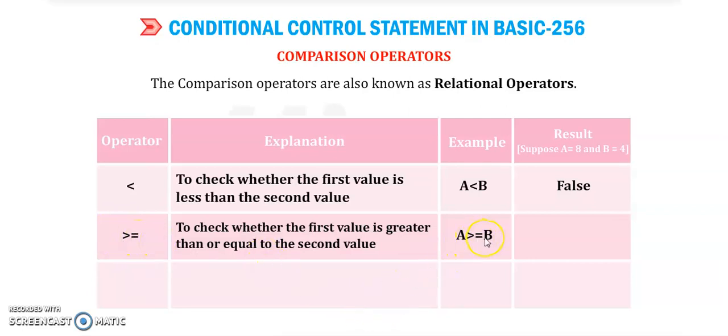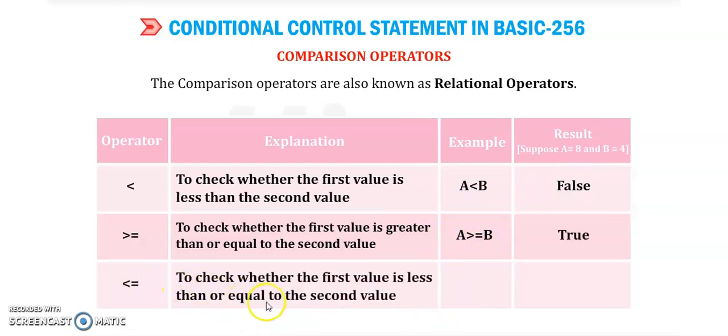So A greater than or equal to B: what will be the result? The value of A is 8, so 8 is greater than B. Yes, it is true. Now next, less than or equal to checks whether the first value is less than or equal to the second value. A less than or equal to B, the answer will be false.